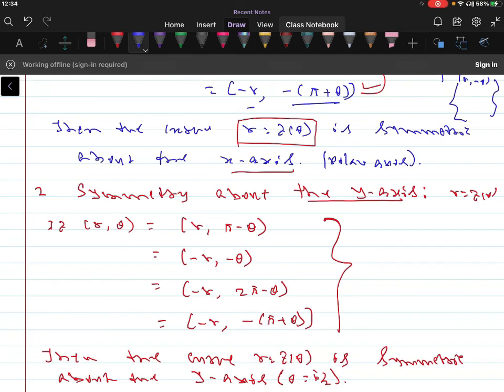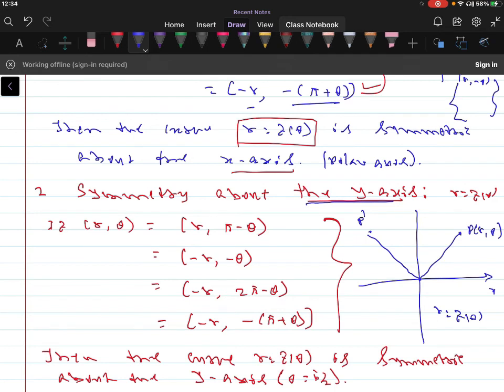or the line theta is equal to pi by 2. If the curve is symmetric about the y-axis, geometrically we can see that. Take a point P in the first quadrant, so that is (r, theta). The image of P lies in the second quadrant, so this is P dash. Then the curve r is equal to f of theta is symmetric about the y-axis, or theta is equal to pi by 2.